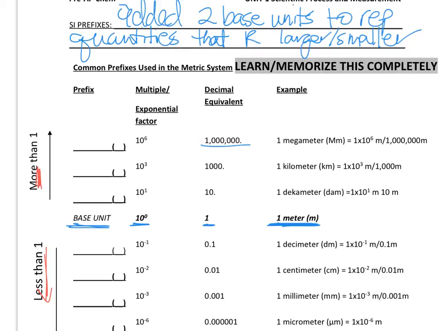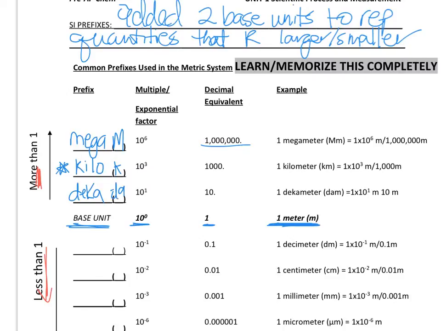And so we have mega, which is a capital M. We have kilo, which is a lowercase k. I'm going to put a star by that. You see that a lot. Deca, I really haven't seen it used much, if ever, in the real world, but it's there and you'll know what it is just in case.